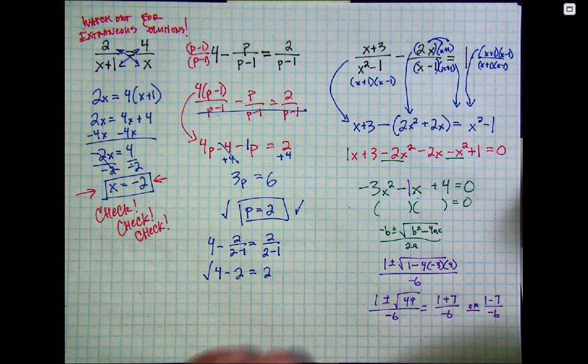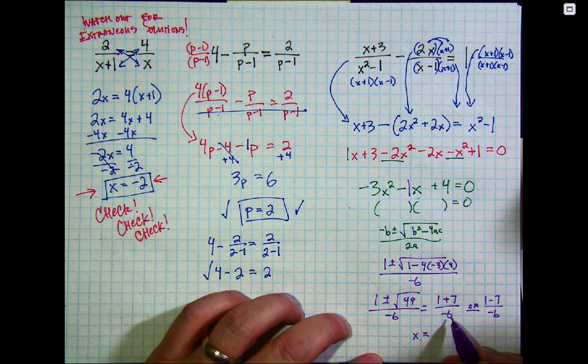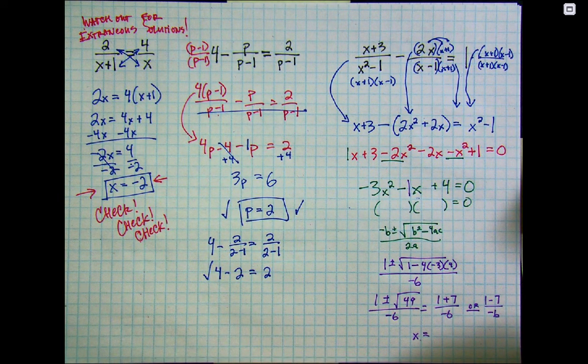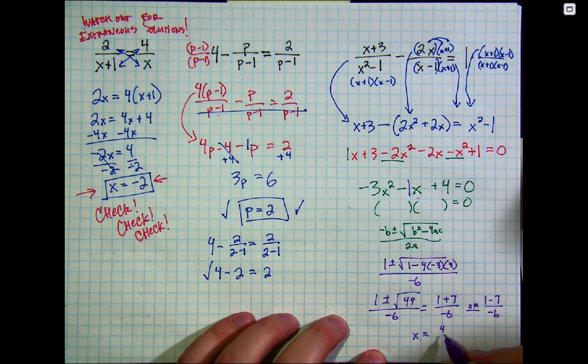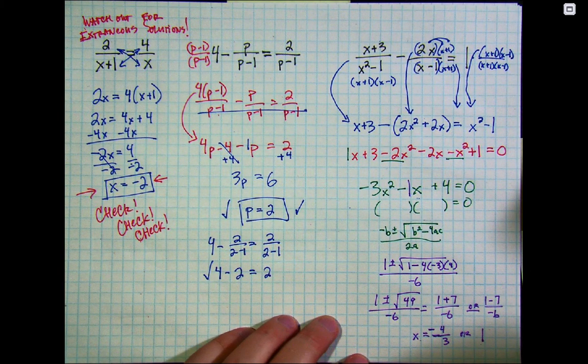So I'm going to get x equals 1 plus 7 is 8, 8 over negative 6. How about we reduce that to 4 over 3, and it was negative, sorry, that's negative 4/3, or negative 6 over negative 6, which is 1. So those are my two solutions.